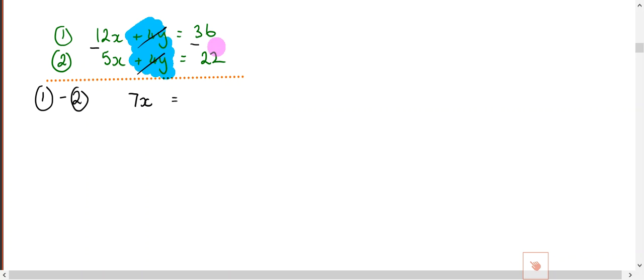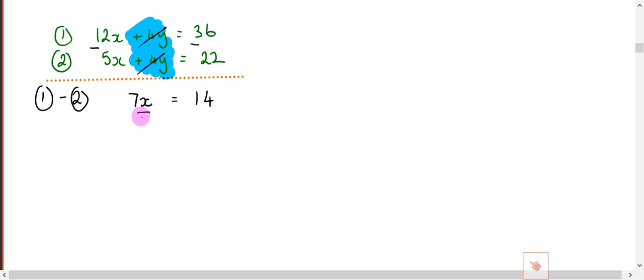Oh, I've gone wrong. 14. Take the 20 away from 30, you get left with the 10. 2 away from the 6, you get the 4. So 7x is equal to 14. That's nice, isn't it? Now what do we do?